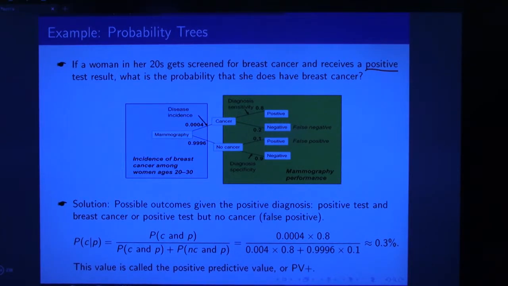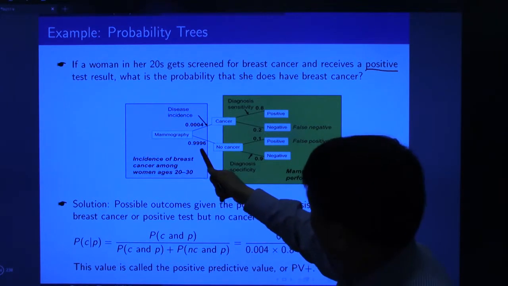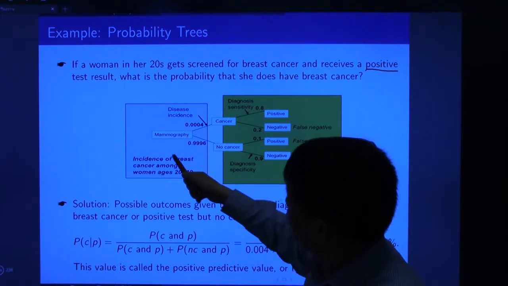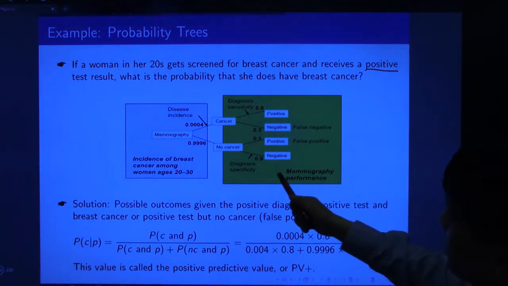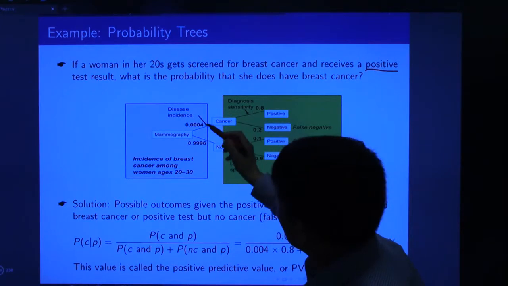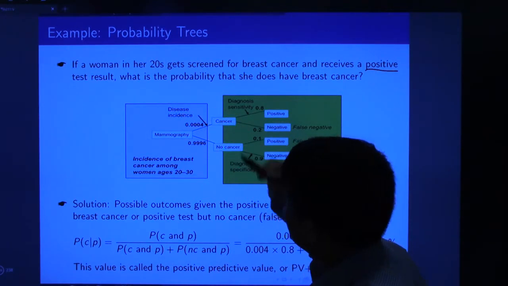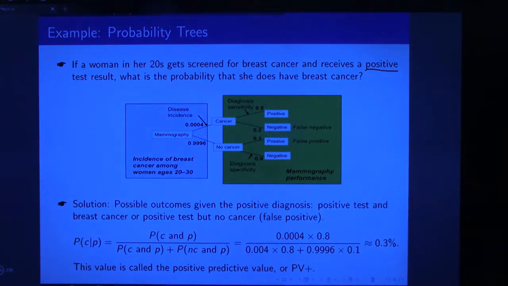And before we calculate this probability, we need to know some facts. Here are given mammography, and for all this group of women doing this mammography, the disease incidence is 0.0004, just like 0.04%.